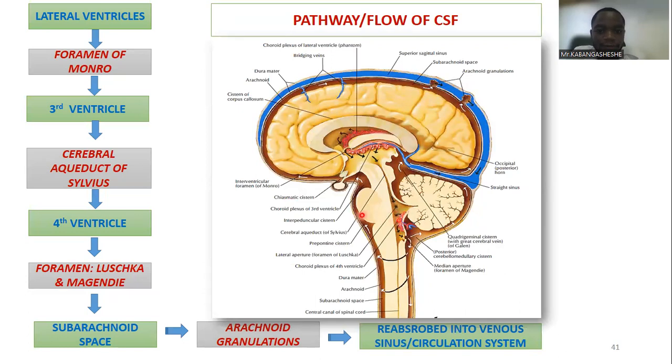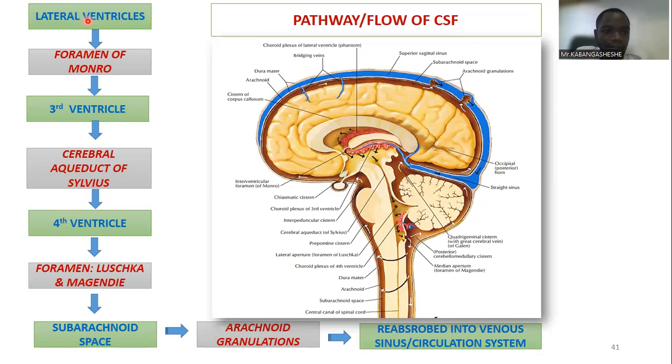Then flow: since the lateral ventricles are the largest and have the largest choroid, the amount of CSF they produce is greater than the rest, right? So it will accumulate there more than here. Then when it accumulates in the lateral ventricles, it will flow into the third, then finally the fourth. So we'll start with the lateral ventricles.